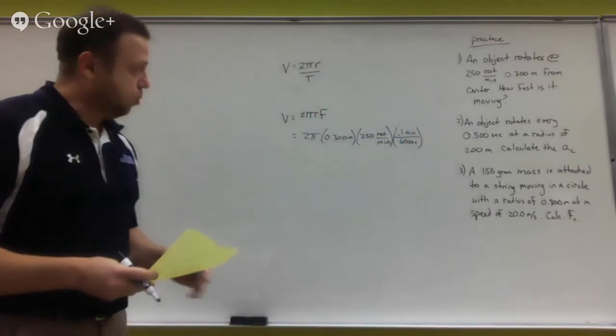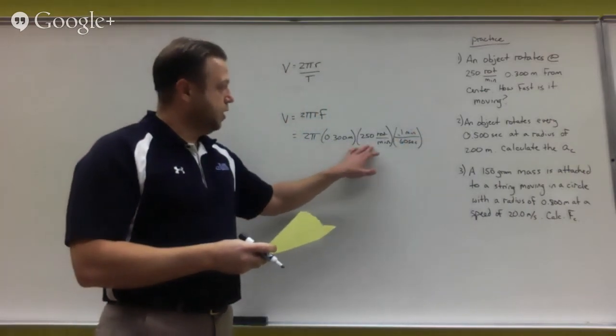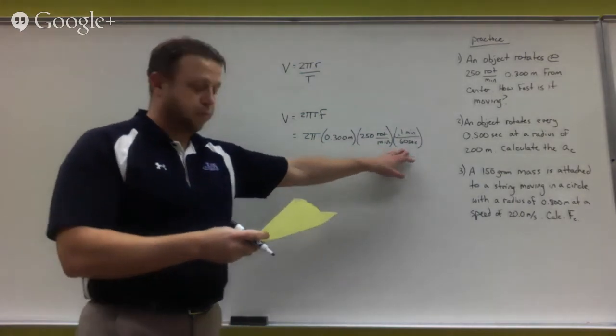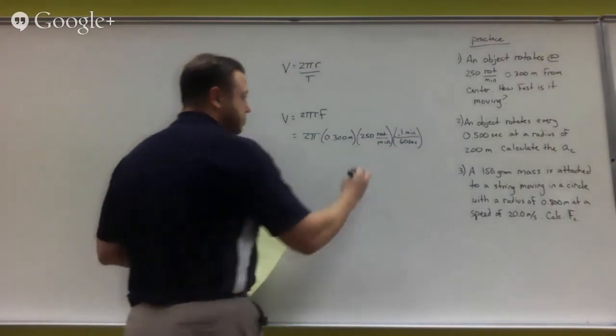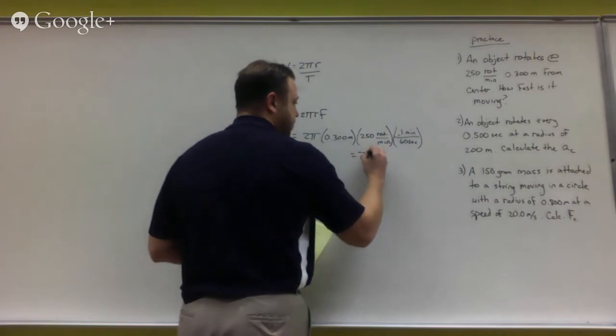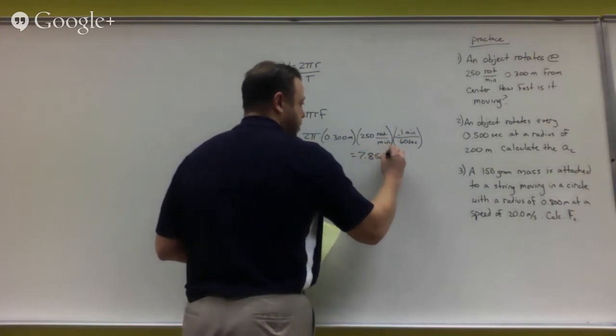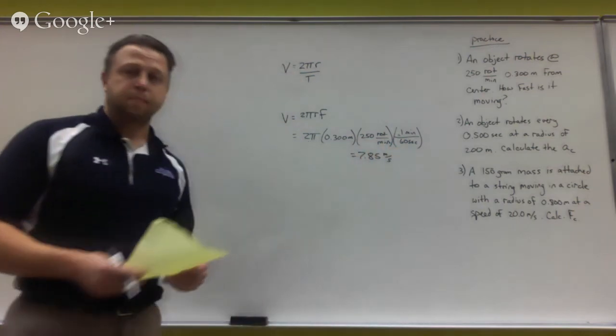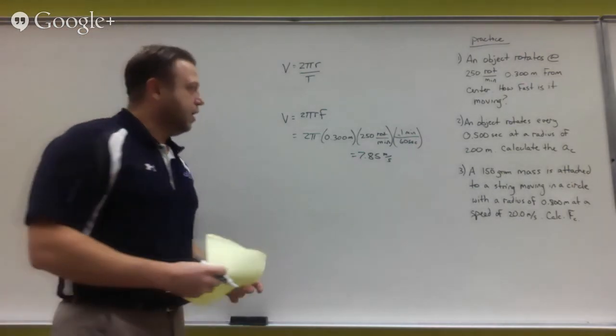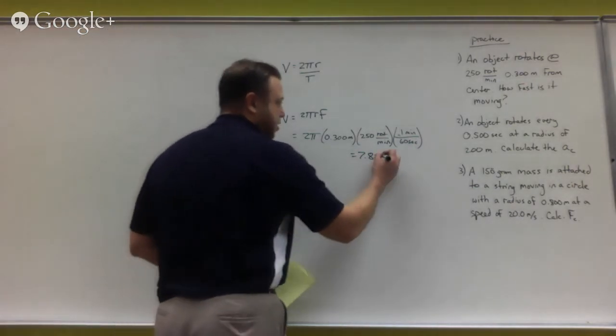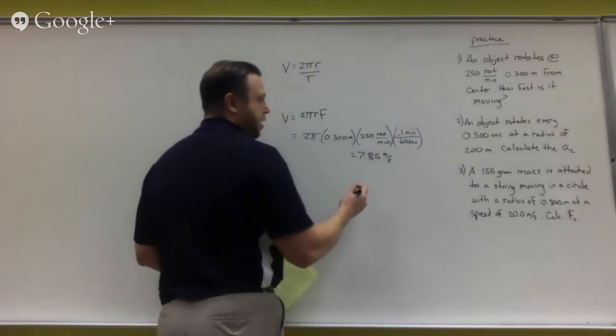So 2 times pi times 0.3 times 250 rotations per minute divided by 60 seconds gives me 7.85 meters per second. We'll come back later on, and I'm sure initially you're going to wonder, how did we get meters per second out of all of this?